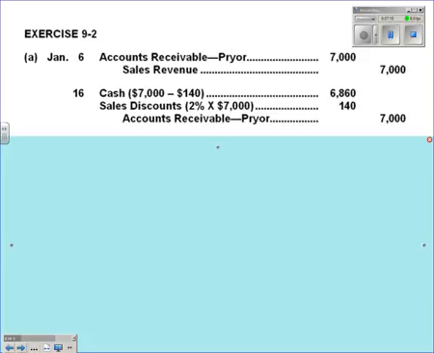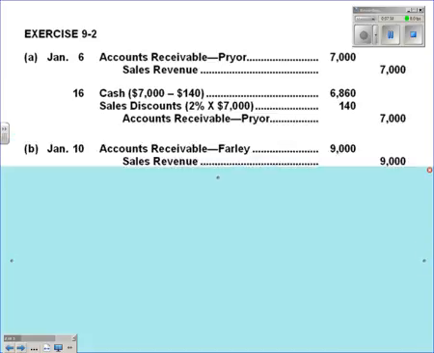Again, 2 separate transactions. On January 10th, Andrew Farley uses his Paltrow Company credit card to purchase merchandise from Paltrow, $9,000. The key word there is it's a company credit card. We need to recover that. It's like charging it, only with plastic, okay?